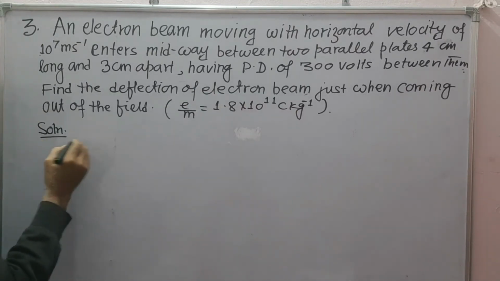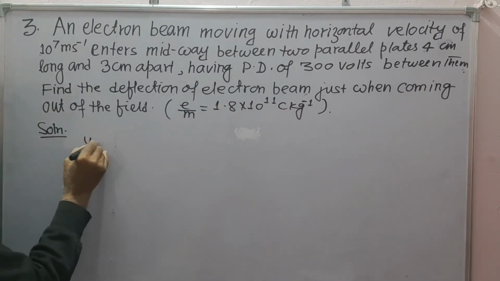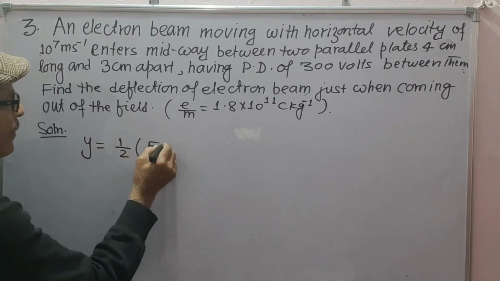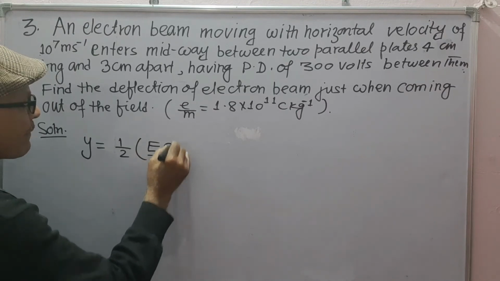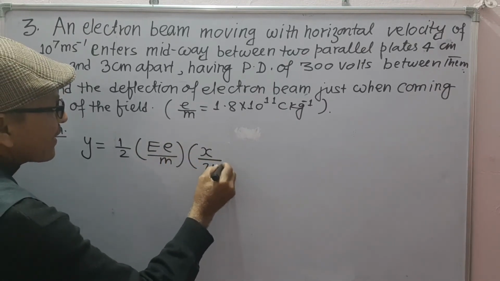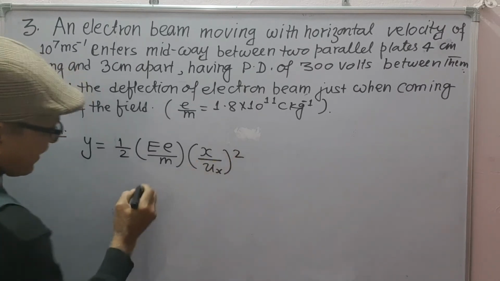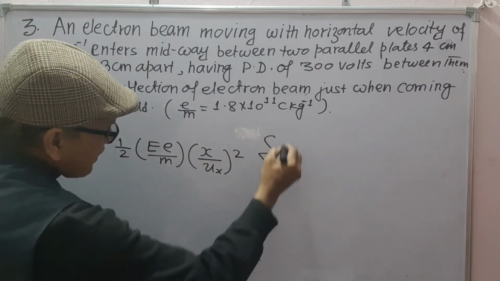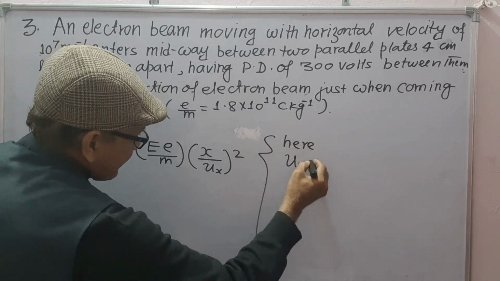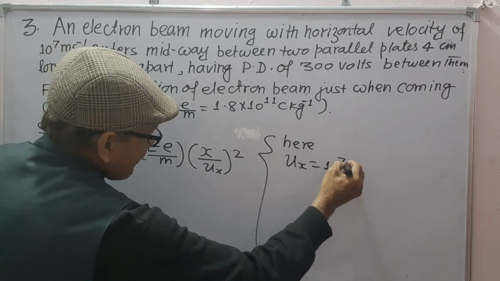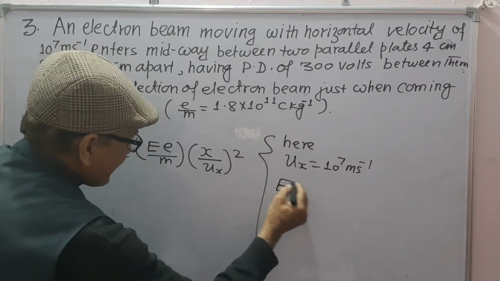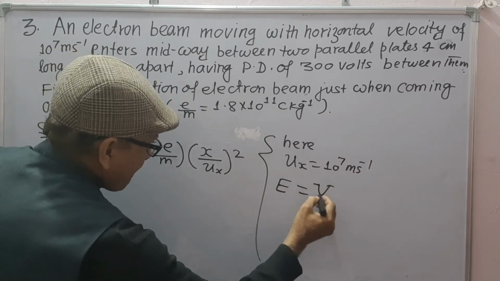Solution: we know that y is equal to 1 by 2 e upon m into x upon u_x whole square. Here u_x is 10 to the power 7 meter per second. E is V by d.